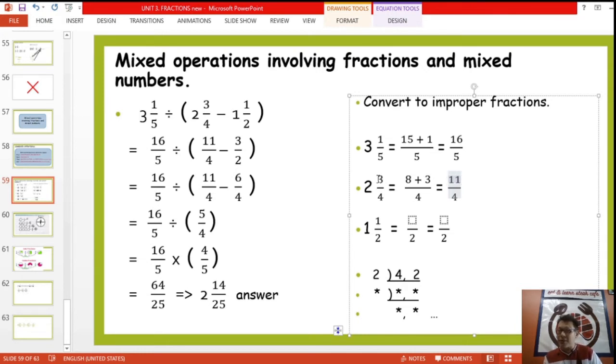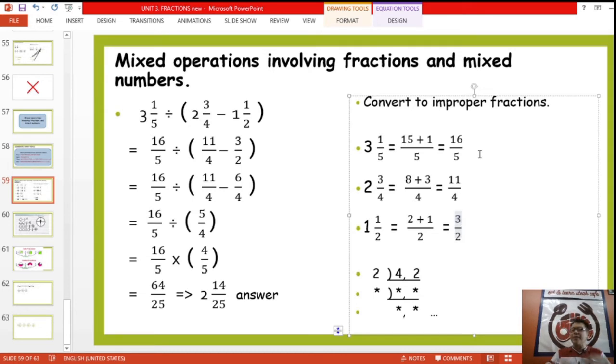Then deal with the last mixed number in this problem, 1 and 1/2. Again, multiply: 2 times 1 is 2, plus 1. 2 plus 1 is 3, and that is your equivalent improper fraction, 3 over 2.